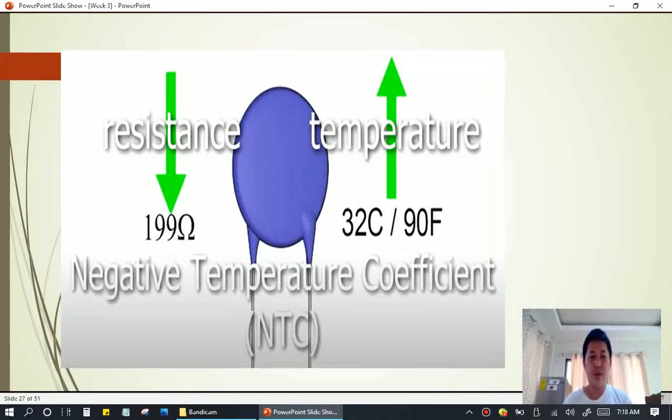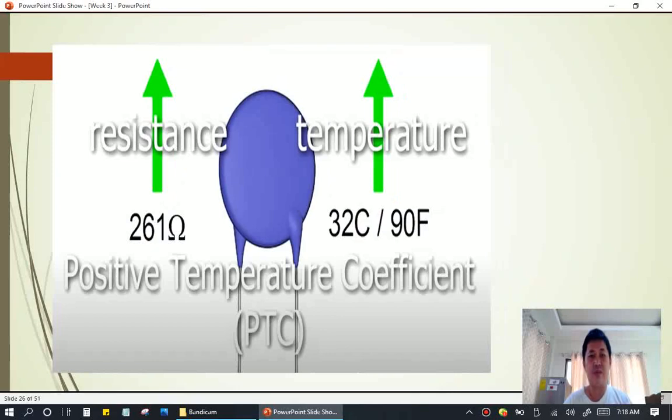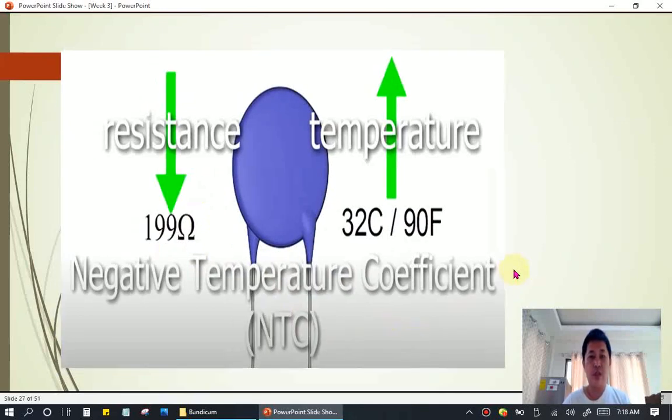With a positive temperature coefficient, the resistance increases and the temperature increases. But in the negative temperature coefficient, when the resistance decreases, the temperature increases, as you can see here on the arrow.